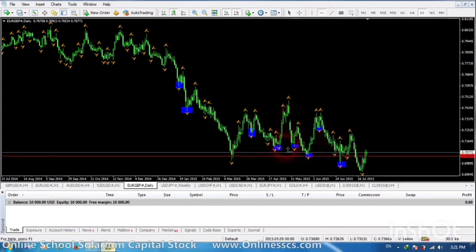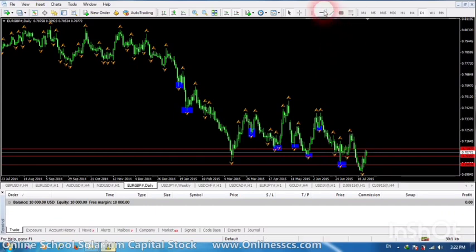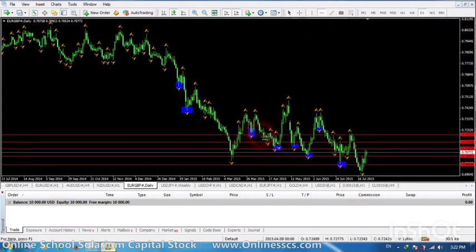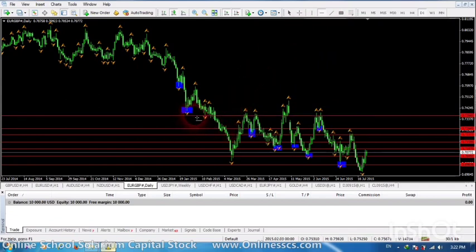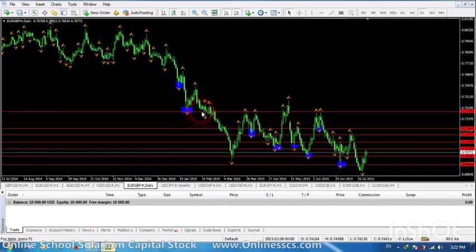So I'm going to locate them with a line as well. Like that. So we have an uptrend here in this chart.